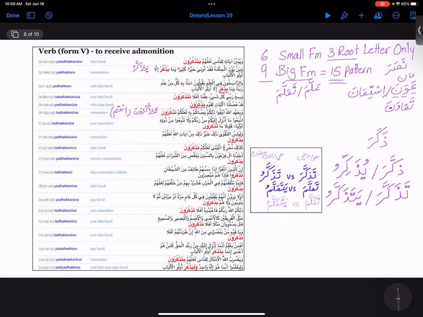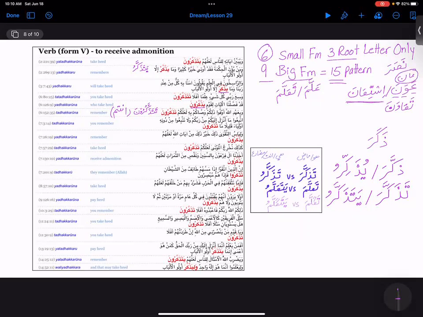In this big family, I'm adding alif, sin, and ta: ista'ana. Do we know this word ista'ana? We say iyaka na'budu wa iyaka nasta'in. Same word, nasta'in. So that was family 1.